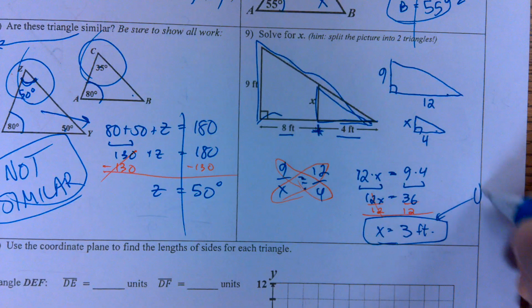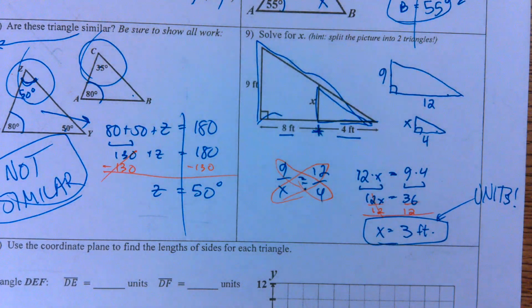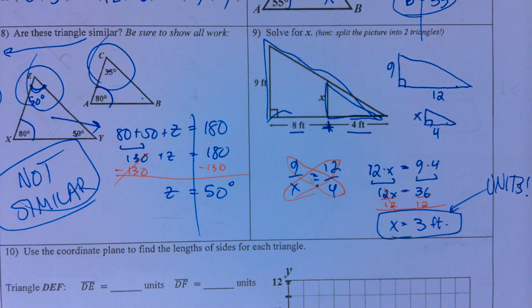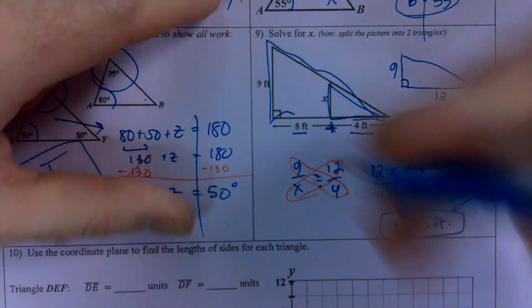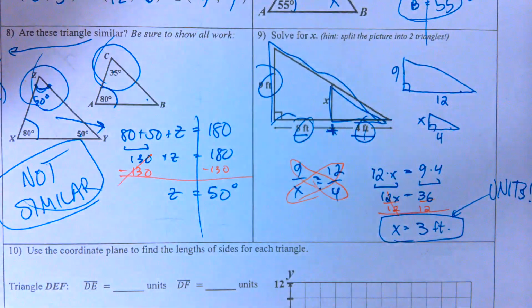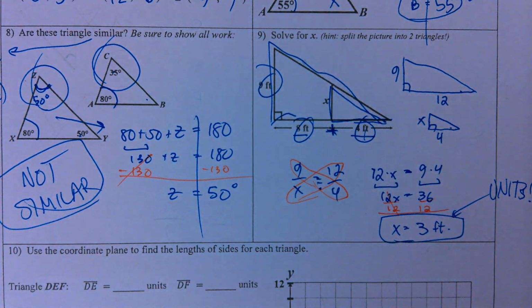Don't forget the feet. Or meters or centimeters or whatever the units are in the problem, it'll always tell you feet, feet, feet. My answer has to be in feet as well. Really, really important we do that.